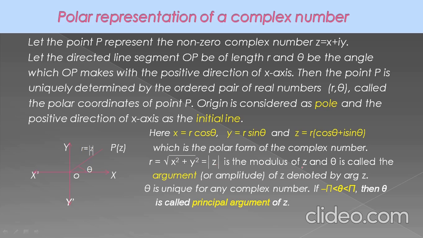This is called the modulus, and theta is called the argument or amplitude of z, denoted by arg z. Theta is unique for any complex number; for every complex number we get a unique value of theta. If this theta lies between minus pi and pi, then theta is called the principal argument of z. So this is all about the polar representation of a complex number.